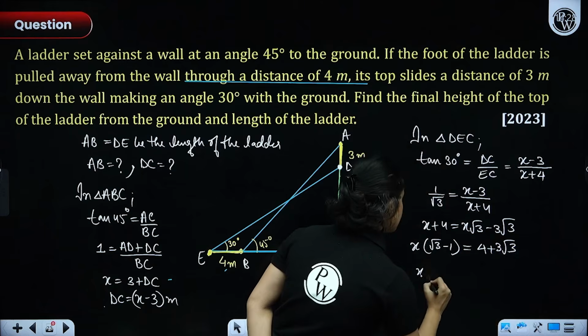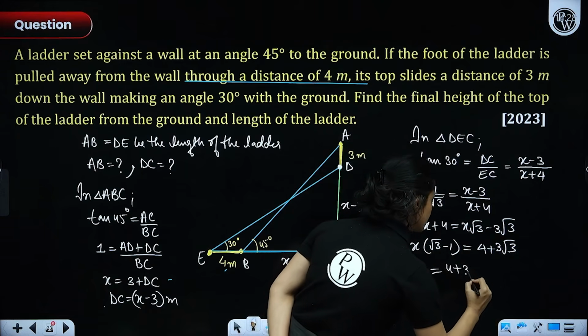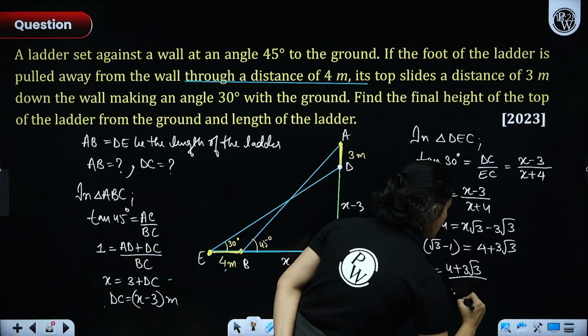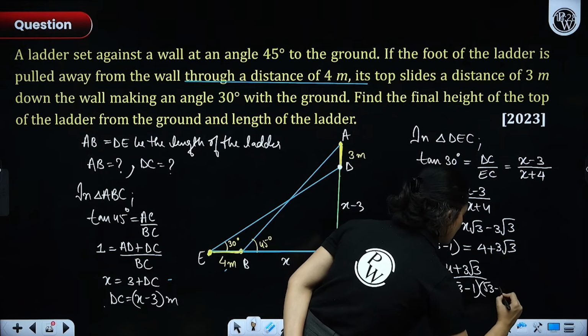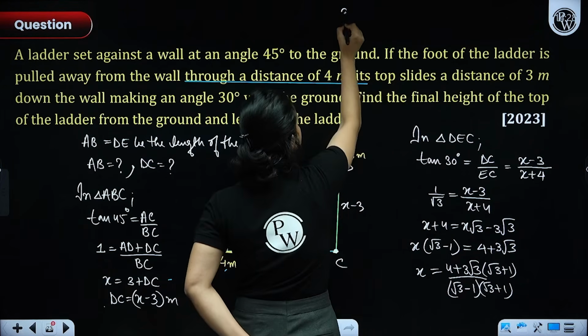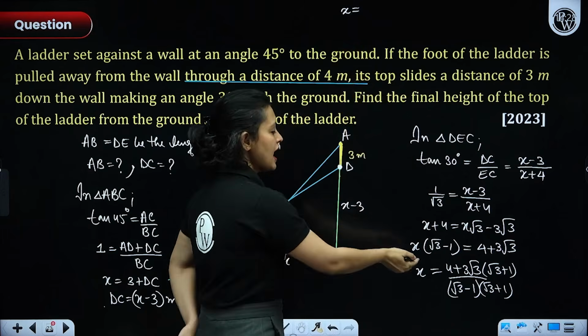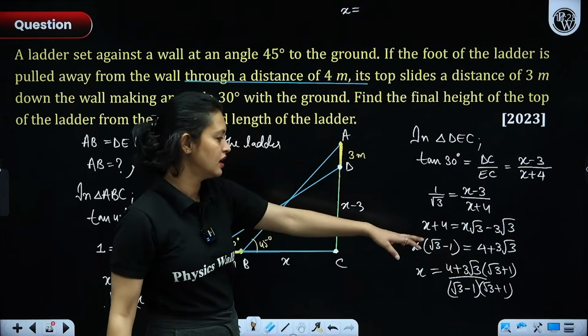Now I'll take this root 3 minus 1 to the other side, so x is 4 plus 3 root 3 over root 3 minus 1. Please rationalize the denominator, everyone. So I'm going to rationalize my denominator right here, right now. So here what do I get? I get x is equal to 4 plus 3 root 3 multiplied with root 3 plus 1.